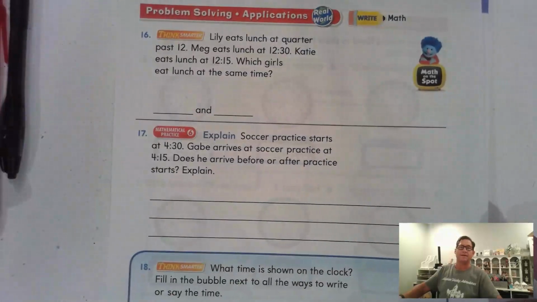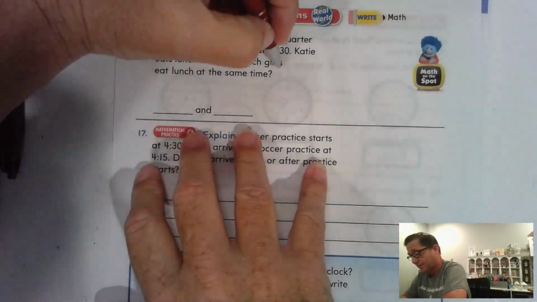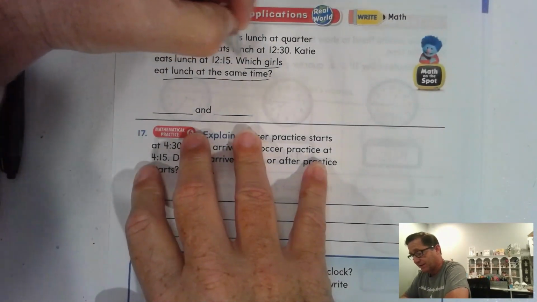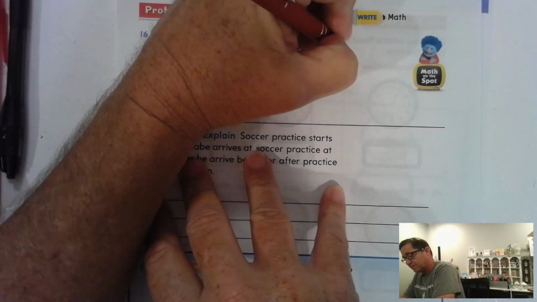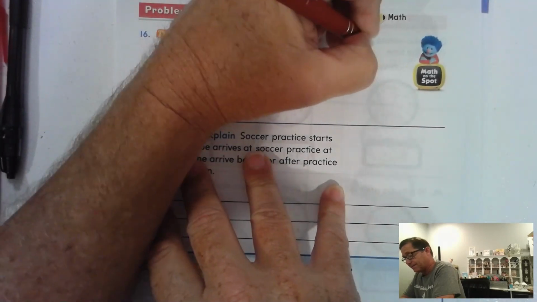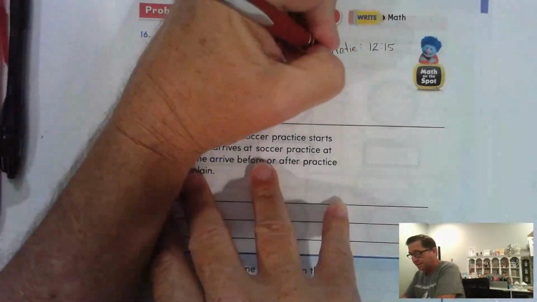All right, Lily eats lunch at quarter past 12. Meg eats lunch at 12:30. Katie eats lunch at 12:15. Which girls eat lunch at the same time? So let's write that. Katie, 12:15.